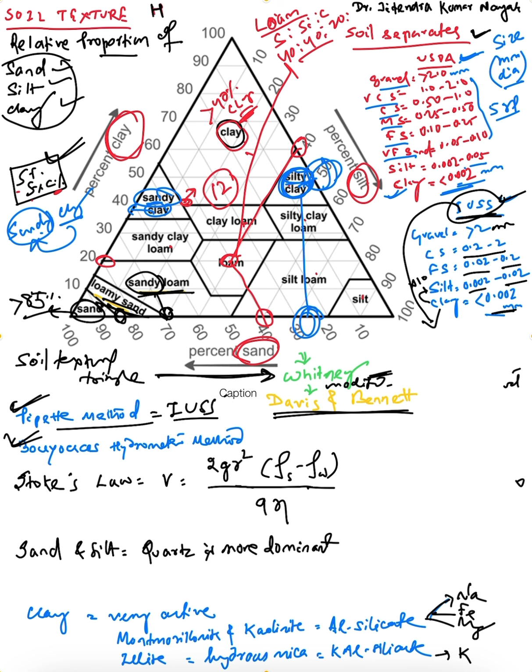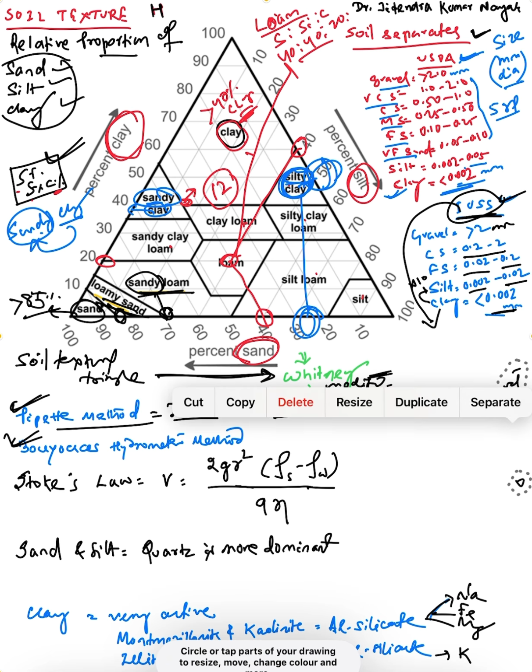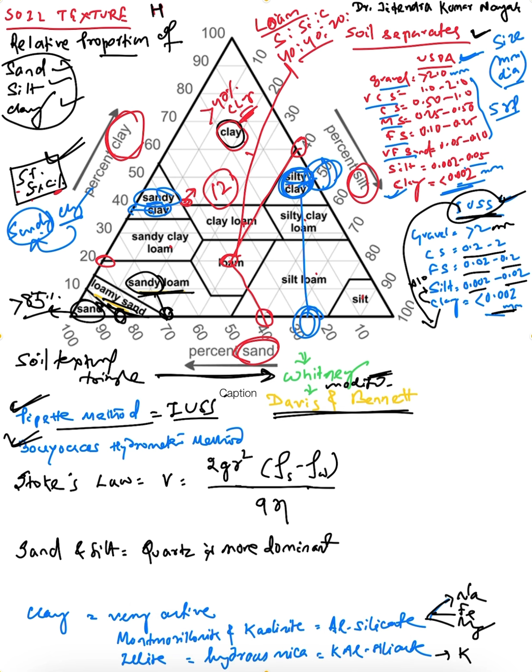There are two principles for measuring the sand, silt, clay proportion. The principle one is separation, which means dispersion. Suppose this is my container, and the soil is present in it.